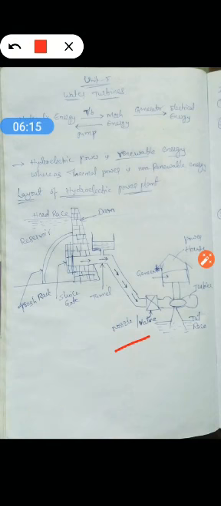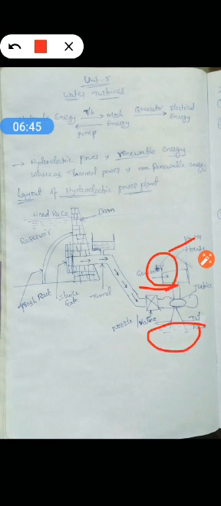And one more construction is turbine. This is the turbine. From the turbine we connect the shaft to the generator, so the power will be produced in the generator and passed to the powerhouse. Whatever water is used in the turbine we send to the tail race.